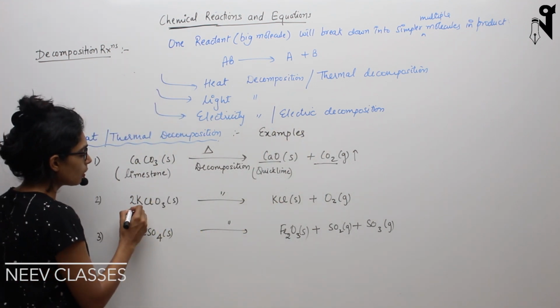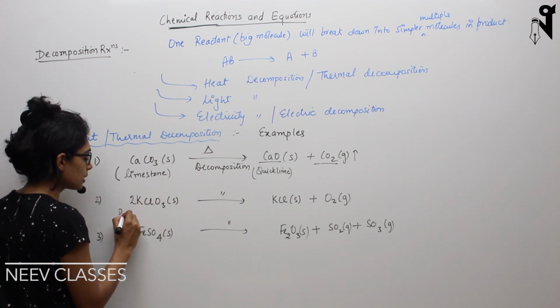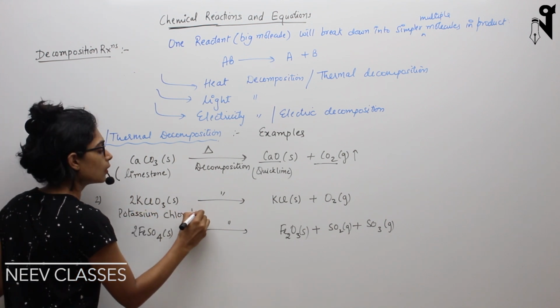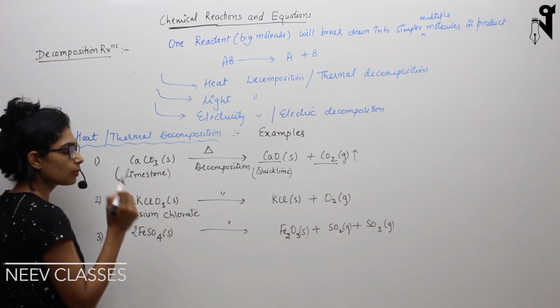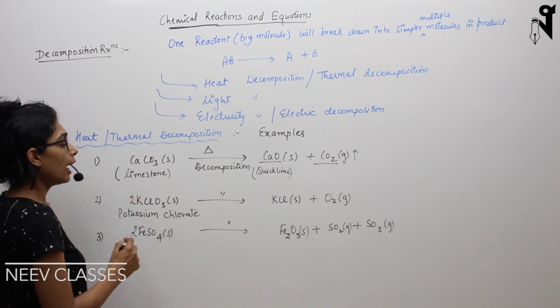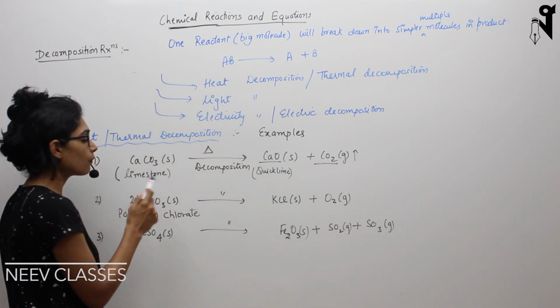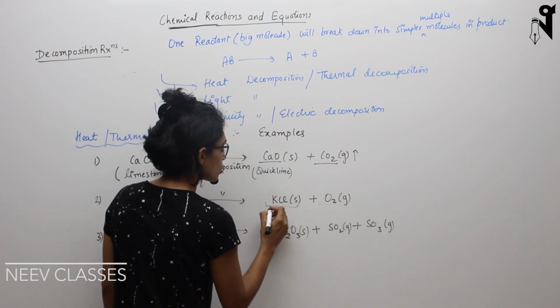Similarly, if I talk about the next compound, that is potassium chlorate, KClO3. All these names you will have to remember. This is called potassium chlorate. Okay, and when this compound is heated, it breaks down into KCl and oxygen.